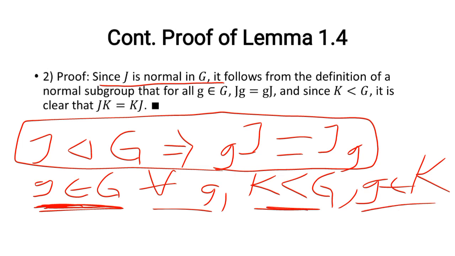They are from the same basket. Pull everything from the same basket. It's like saying you have a basket of balls, all of them balls, red balls and blue balls. Let the blue balls be J and the red balls be K. However you do it, whenever J is a normal subgroup, it will take any g, red or blue, and play with them.